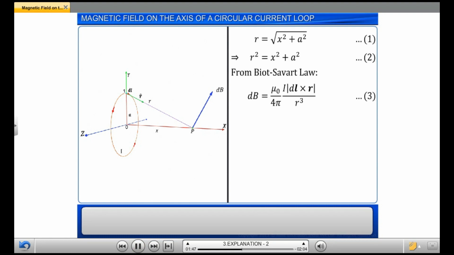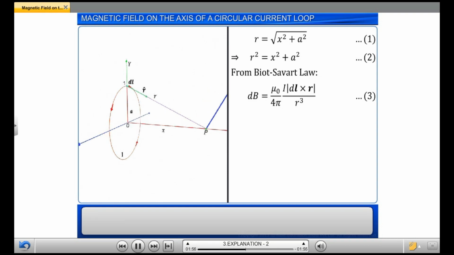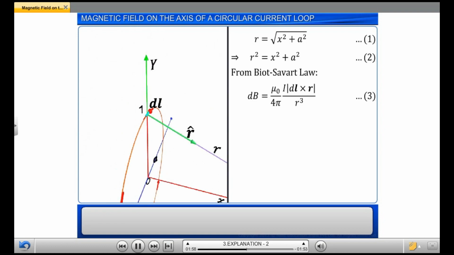As the circular loop is symmetric about its axis, even if we consider the small element of the conductor at any other point on the loop, the length of the element dl will always be perpendicular to the displacement vector r at that location. The magnitude of dl cross r is equal to dl r sin theta, where theta is the angle between dl and r.